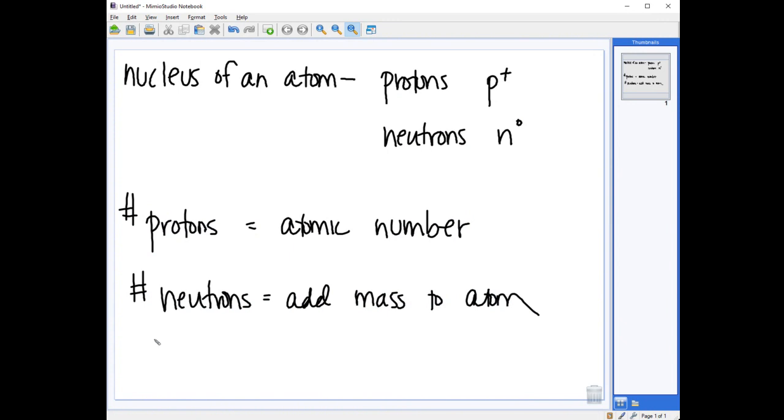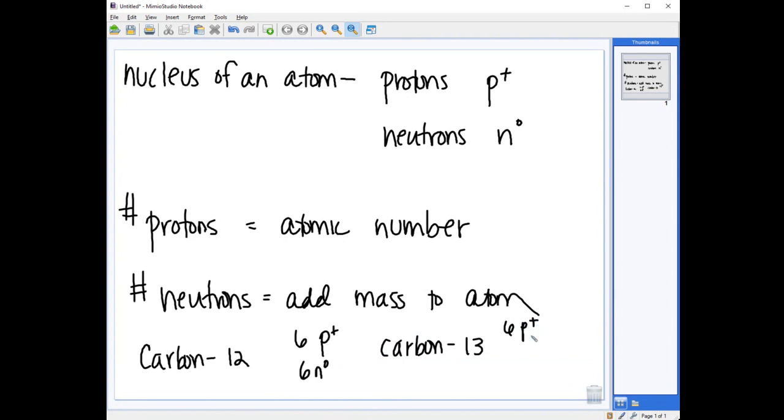For instance, if we had carbon 12, which we use as our standard or model, that means it has 6 protons and 6 neutrons. But we can also have carbon 13, which still has 6 protons because it's carbon, but it has 7 neutrons. And we can even have carbon 14, which has 6 protons but 8 neutrons.